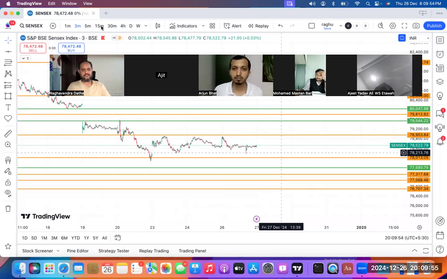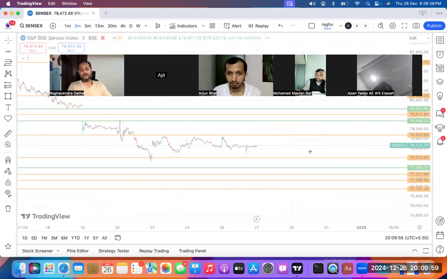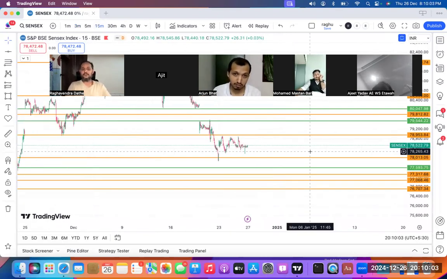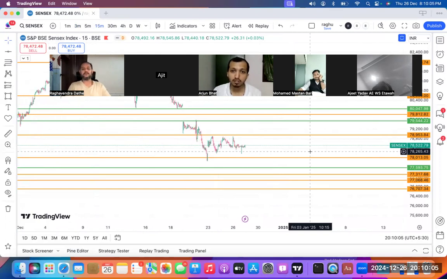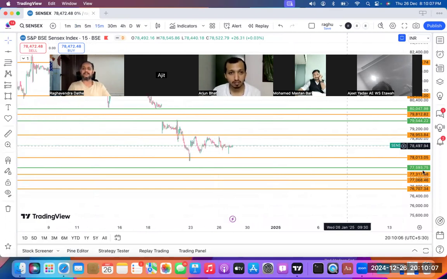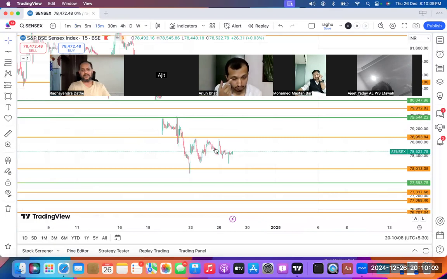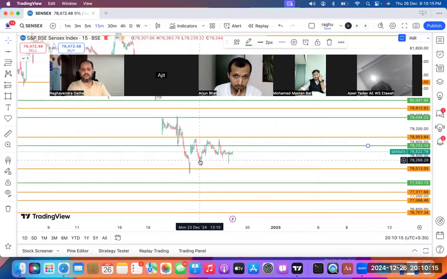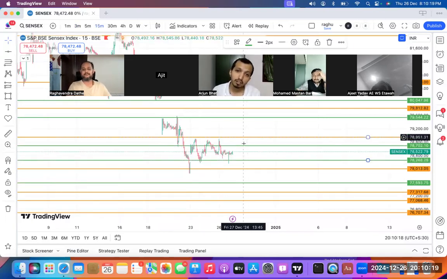See, if I'm using a 15 minute time frame, I have more zones here. If you want to trade aggressively, you can further mark some support and resistance. One is here, another is here. Now you can still take a trade, but it is a little risky because there is no proper breakout happening here.